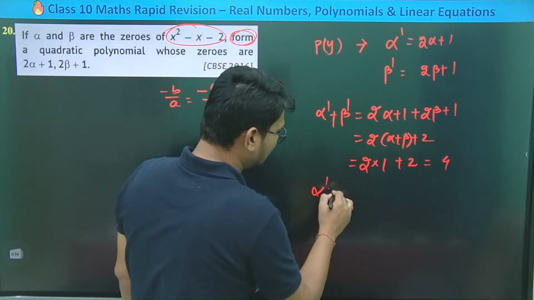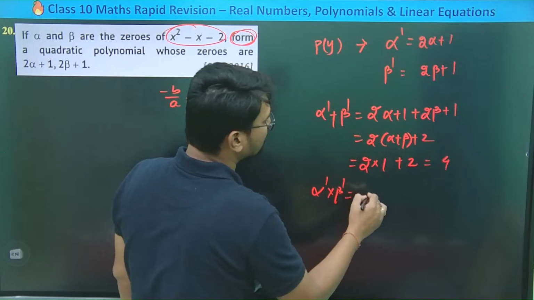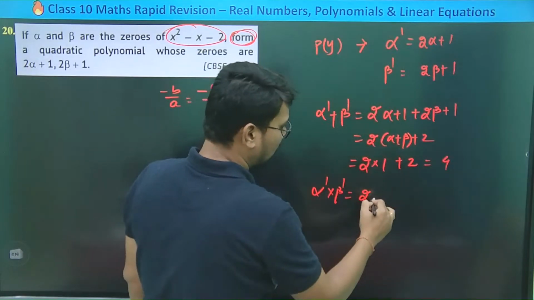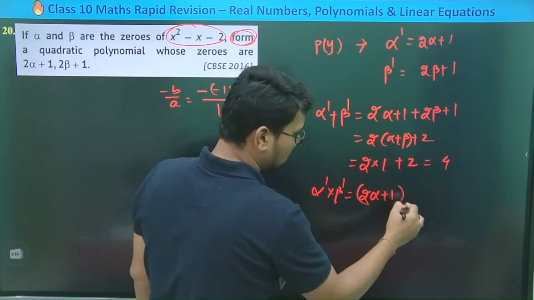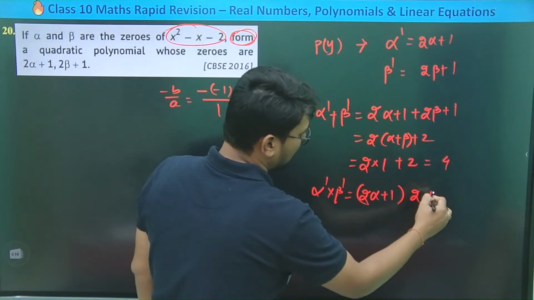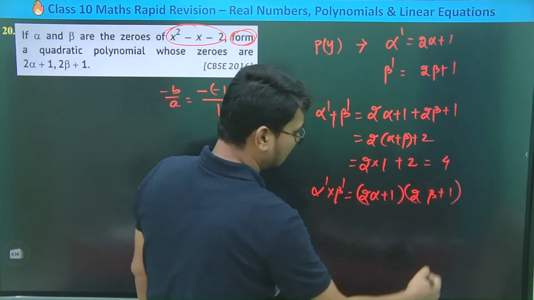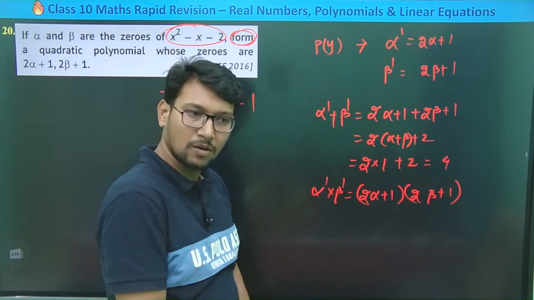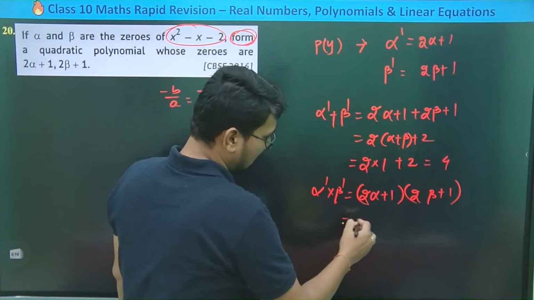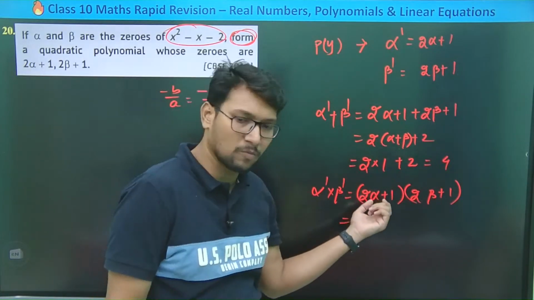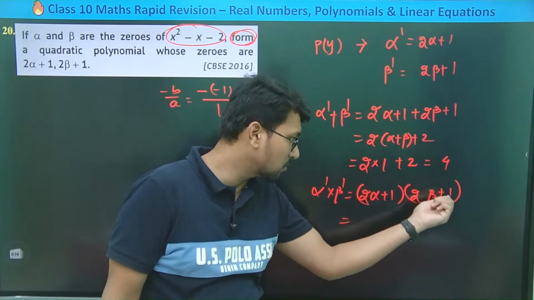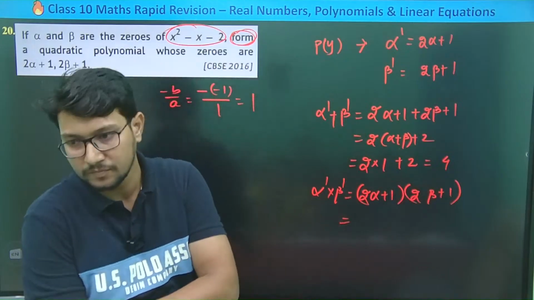Alpha dash into beta dash, find it: 2 alpha plus 1 into 2 beta plus 1. Okay? You can write it by multiplying. It is just like the formula x plus a into x plus b, where x is 1 here.